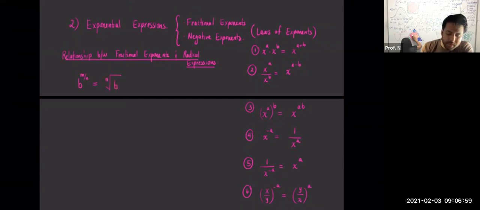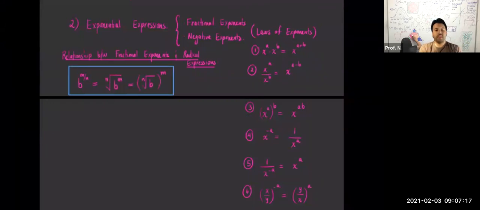So you can raise b to the mth power, or you can write this as the nth root of b, raised to the m power. So this is an extremely important connection between fractional exponents and radical expressions.